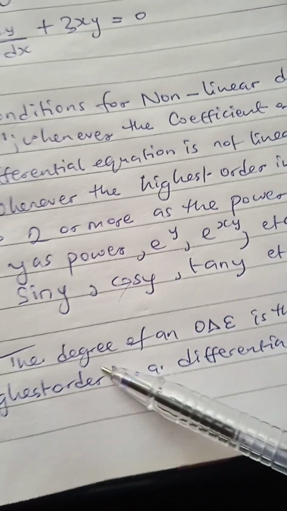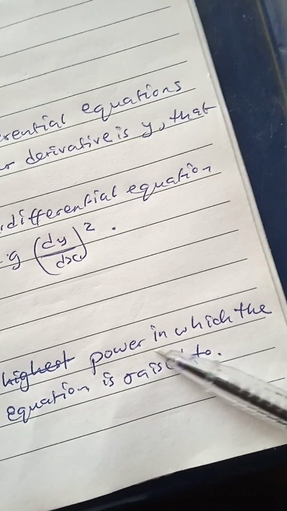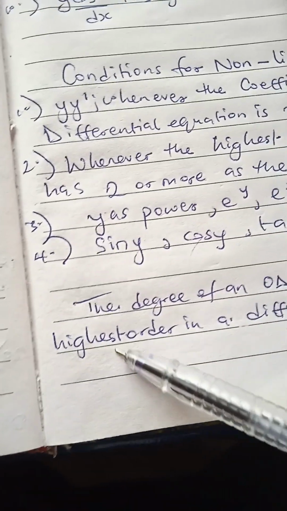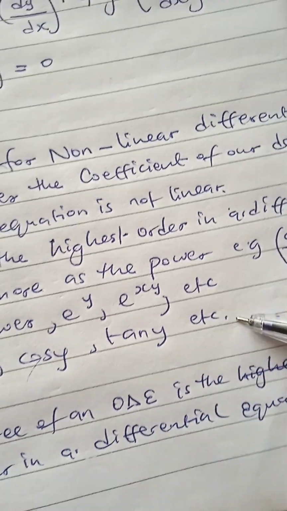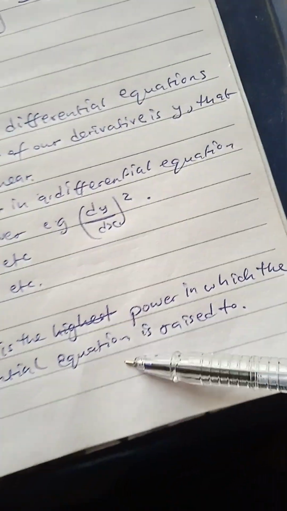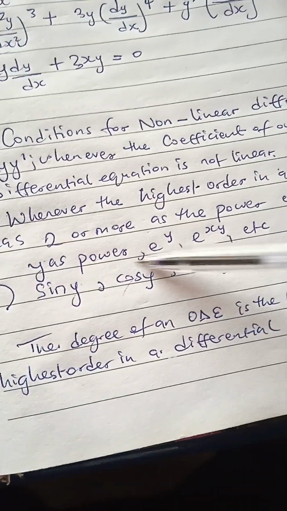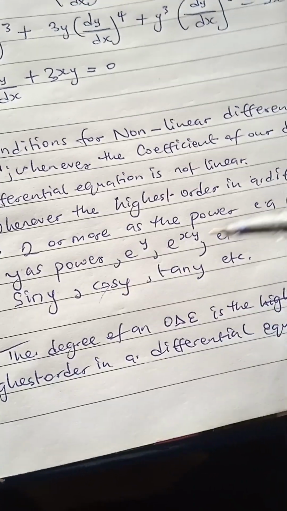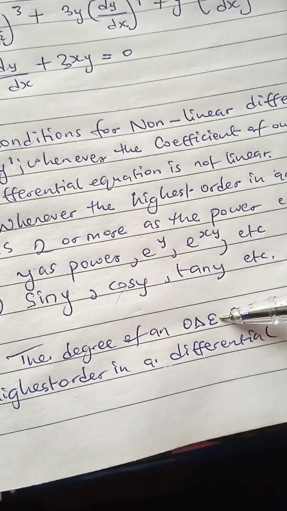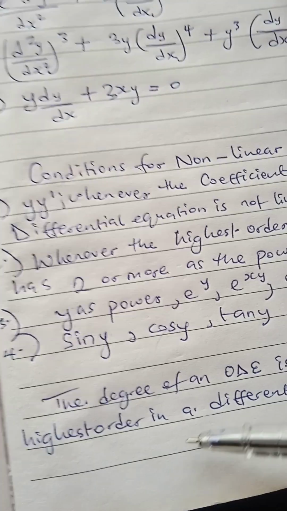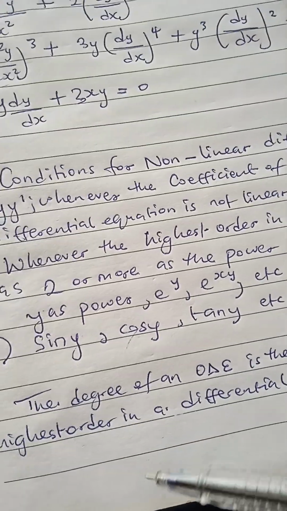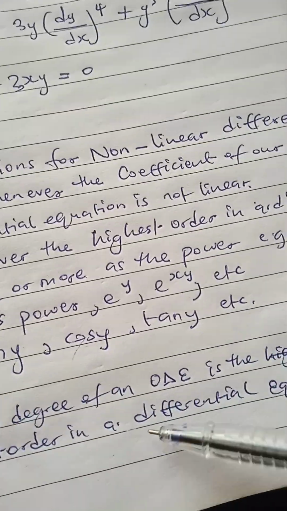So the degree of an equation is the power to which the highest order in a differential equation is raised. If the second order is the highest order, the power to which the second order is raised is the degree of that equation.